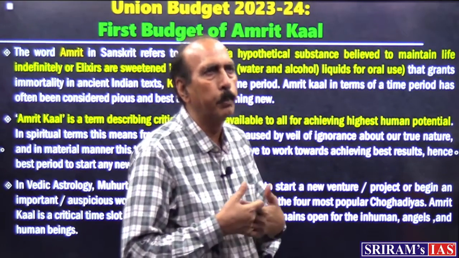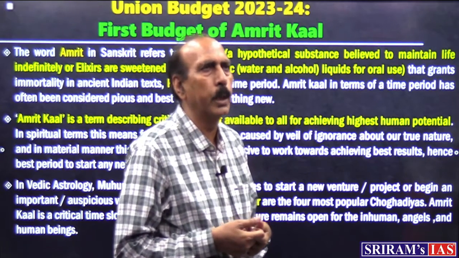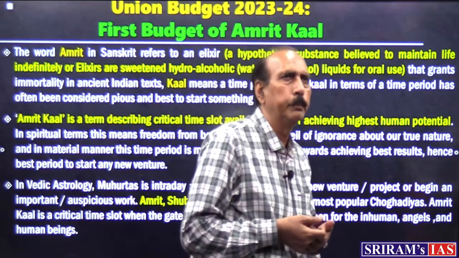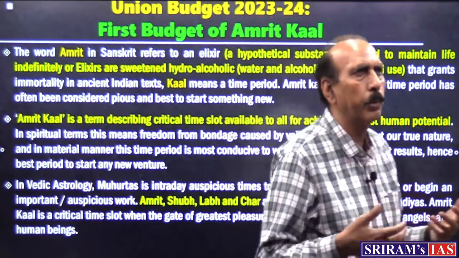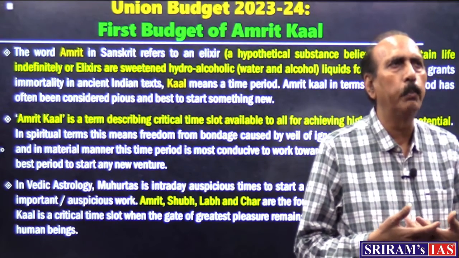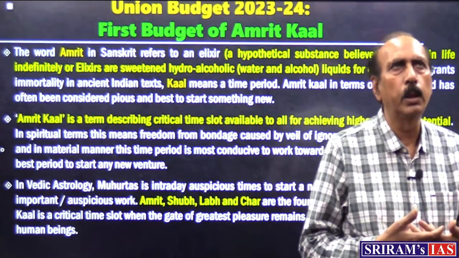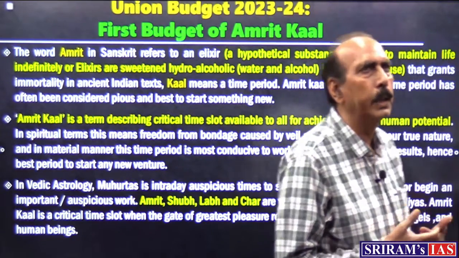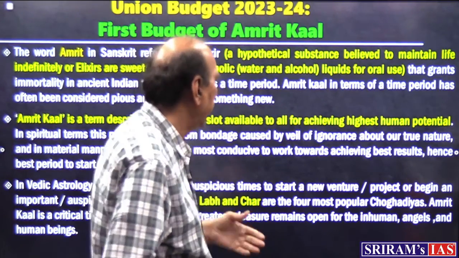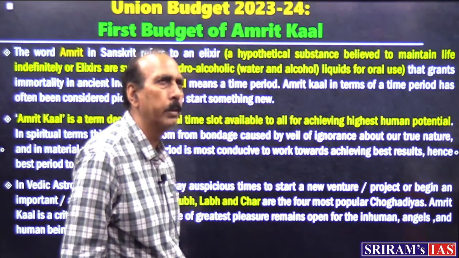They will put in place the policies and programs such that every section of society will get an opportunity to show their maximum strength and attain the maximum out of their potential. This is how they defined Amrit Kal.